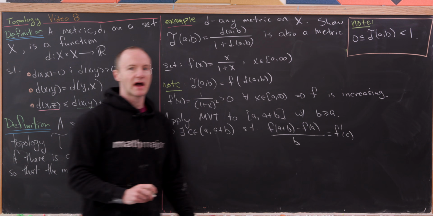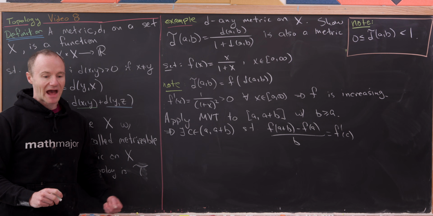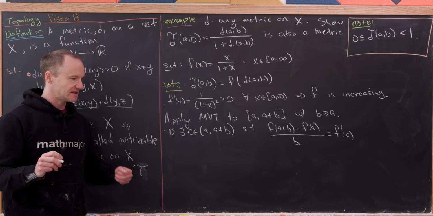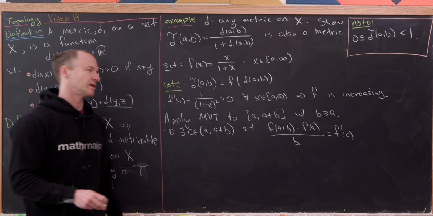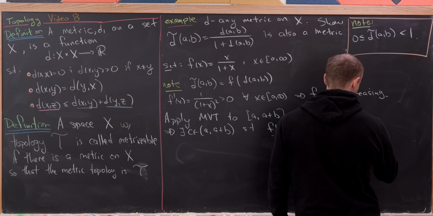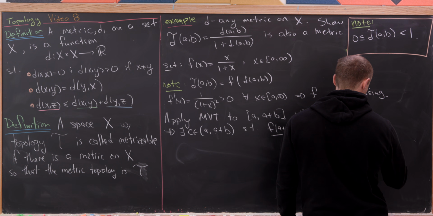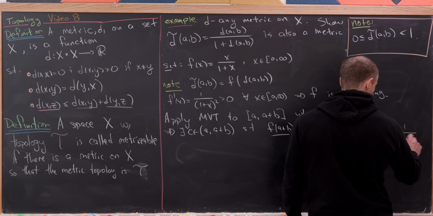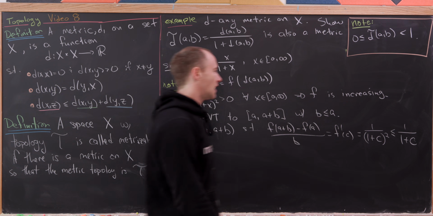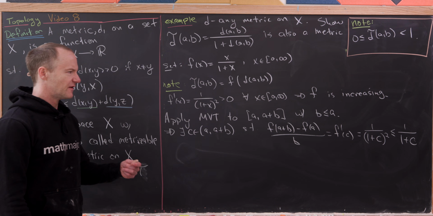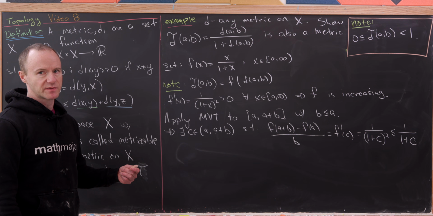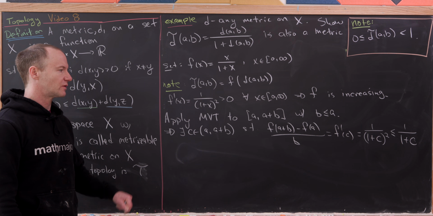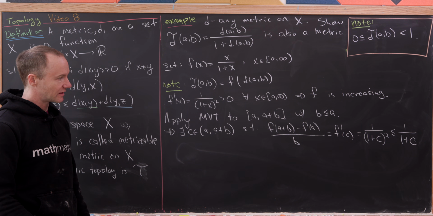Remember, the mean value theorem says that the average rate of change is equal to the instantaneous rate of change at a special point, which is equal to, by our previous calculation, 1 over 1 plus c squared, which is less than or equal to 1 over 1 plus c, simply by the fact that we're squaring something bigger than or equal to 1 in the denominator.